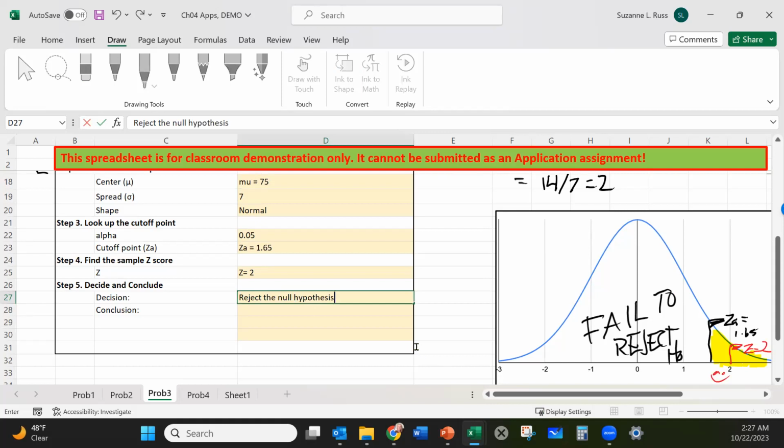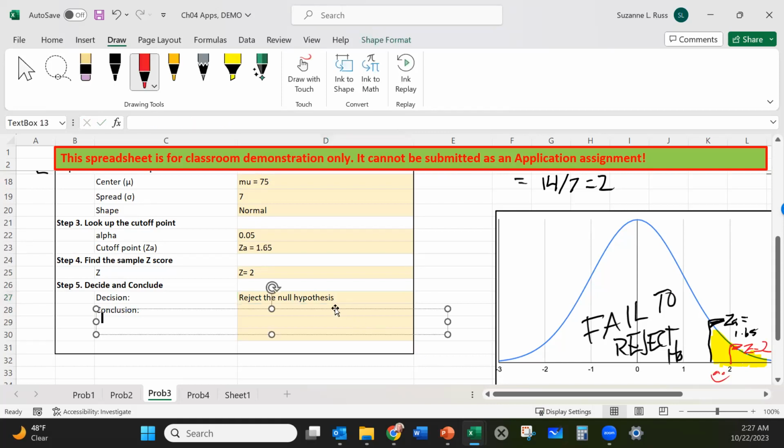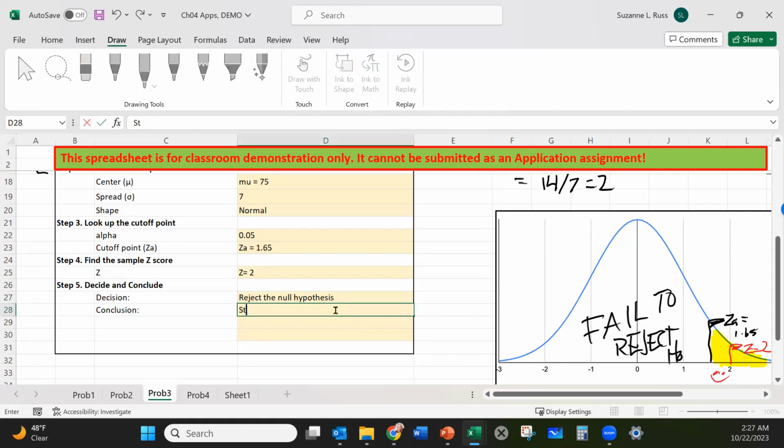And we conclude that, I put these boxes in to be helpful. You can write in the box if you want to. I think I'm going to stay with writing in this cell. We conclude that students who learned about growth mindset, we're not going to write population 1 or anything like that here.